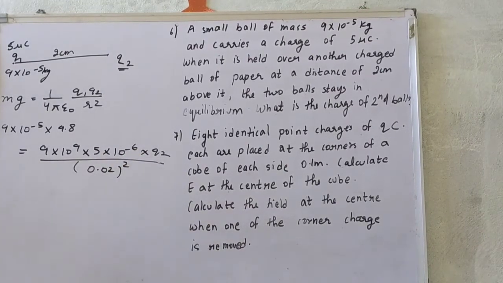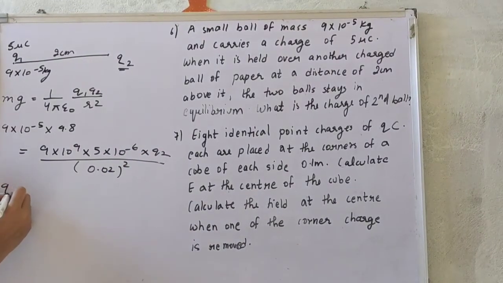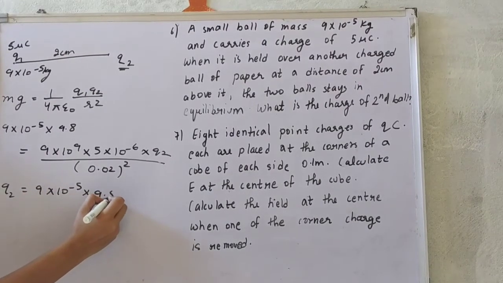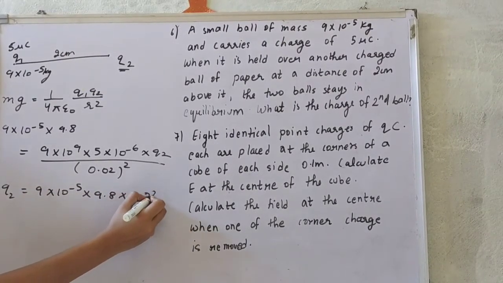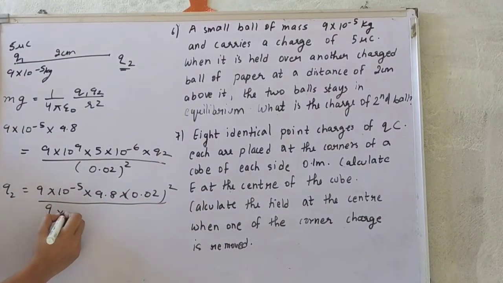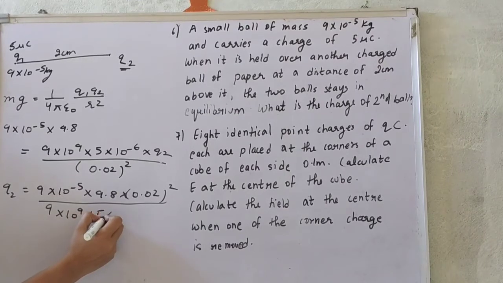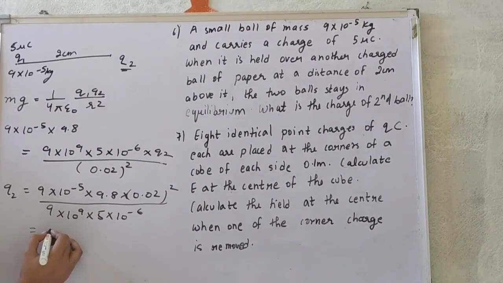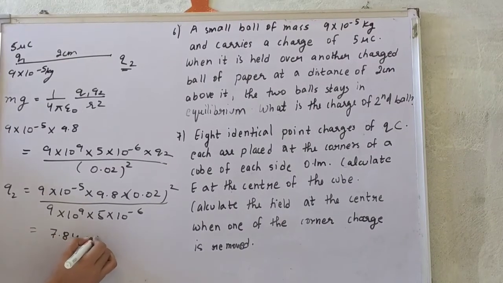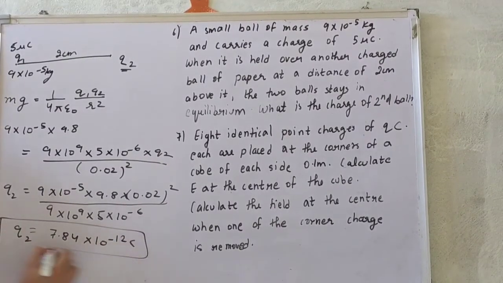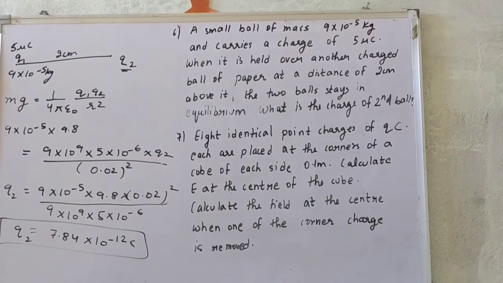So that will be equal to 9. We will just rearrange this equation. Okay, this one will come, and when you solve it, the answer will be equal to 7.84 multiplied 10 raised to power minus 12 coulomb. This is the value for charge Q2 here.